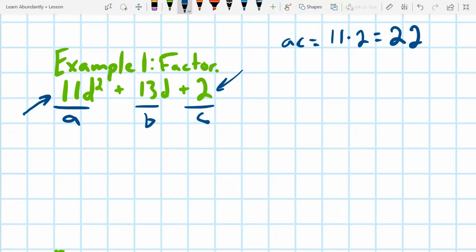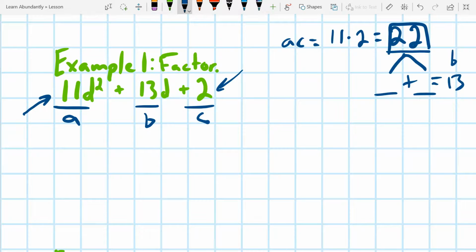Okay, so our first step, we're going to multiply A and C together. And then, just like we would if there wasn't a lead coefficient, we're looking for two numbers that multiply to AC, and then we're looking for the factor pairs that also add to equal B, the middle number. In this case, B is 13. So we're looking for two factors that add to 13.